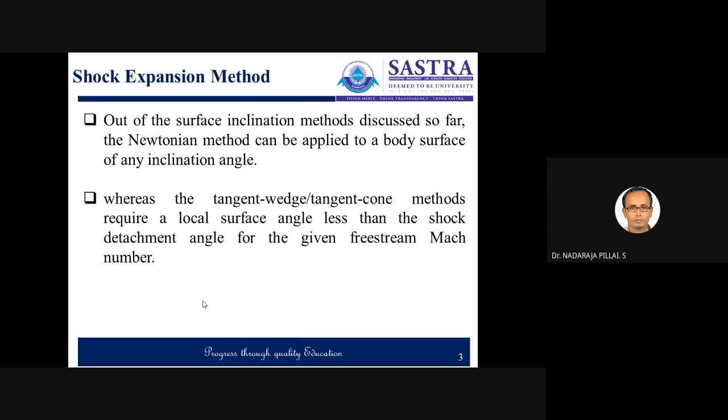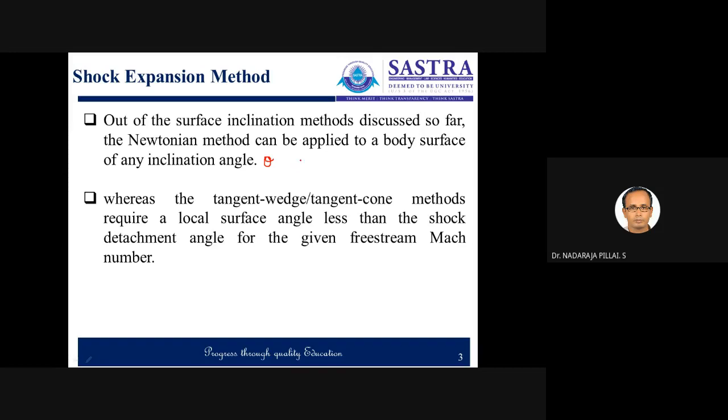Out of all the surface inclination methods discussed so far, consider the Newtonian method. In the Newtonian method, if you know the inclination angle theta, then you can calculate whatever you want.